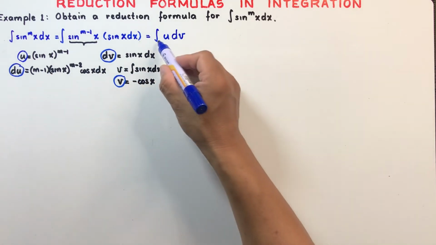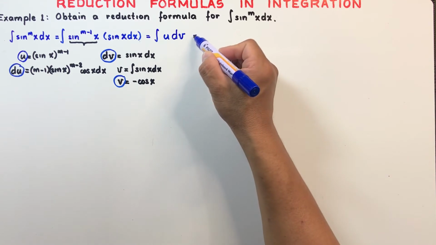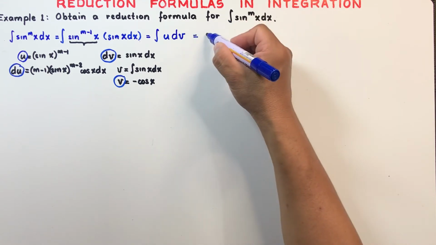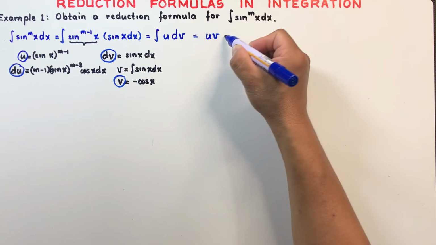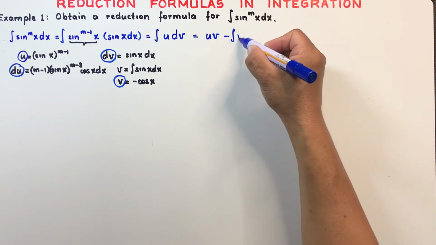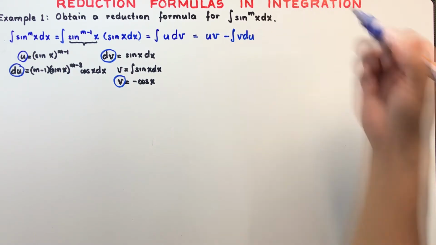And the integral of u dv by the formula of integration by parts is uv minus the integral of v du here.